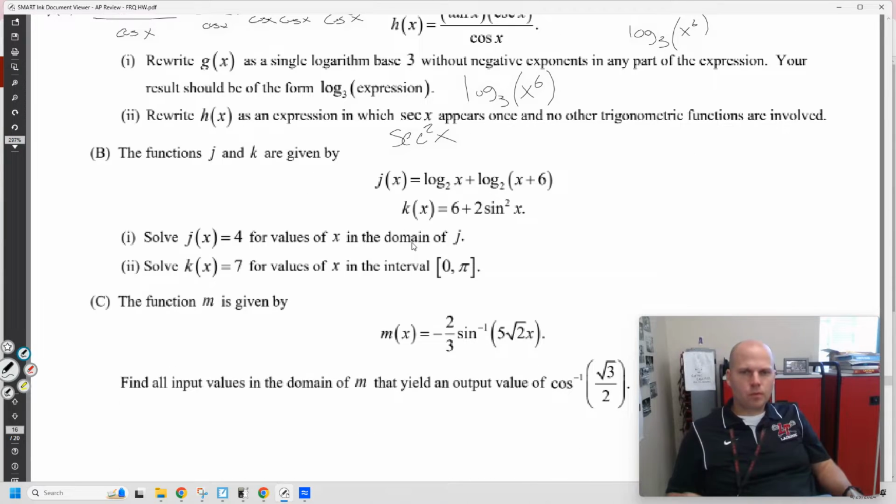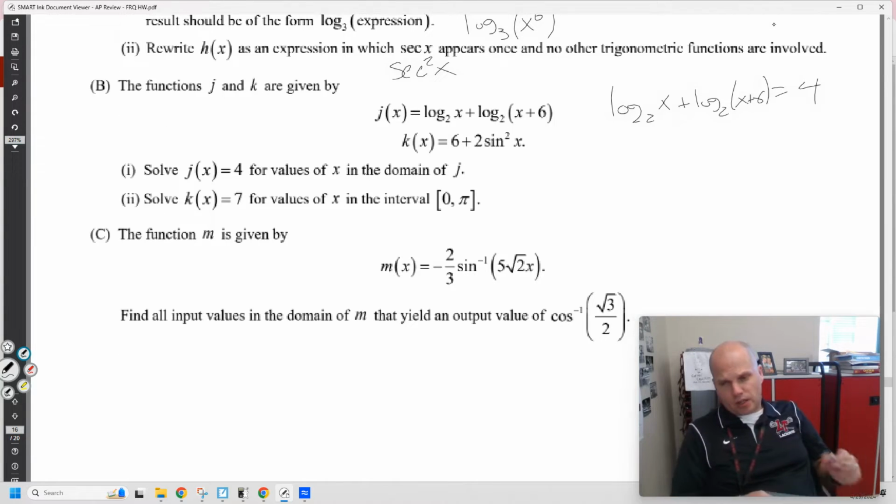B. Solve j of x equals 4. All right, we did this on our no calculator homework. This is where we combine. We get rid of the log base 2 using a 2 to the power.